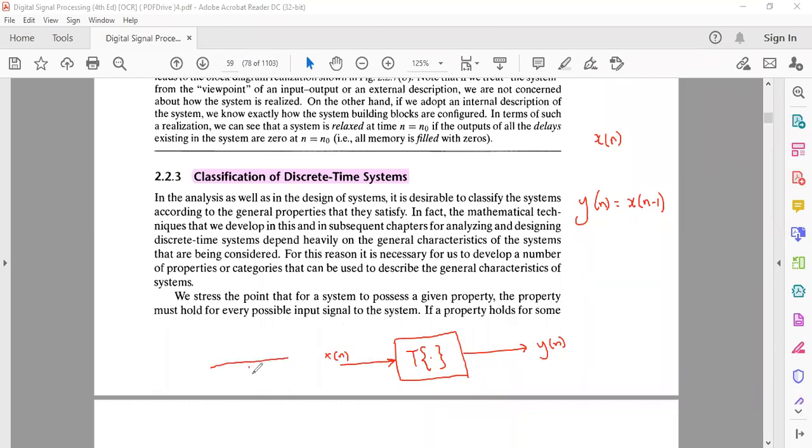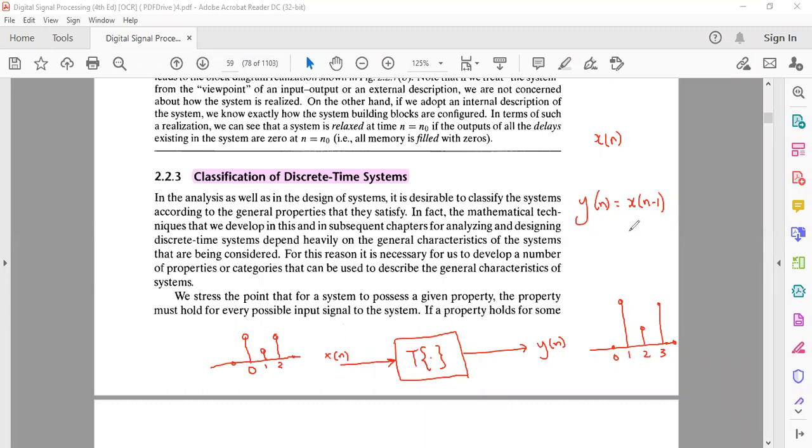If, for example, this was your 0 position, and you had inputs at 0, 1, and 2, then your y will now be x shifted by one position, so that this now becomes your 1, 2, and 3. This is a time shift.